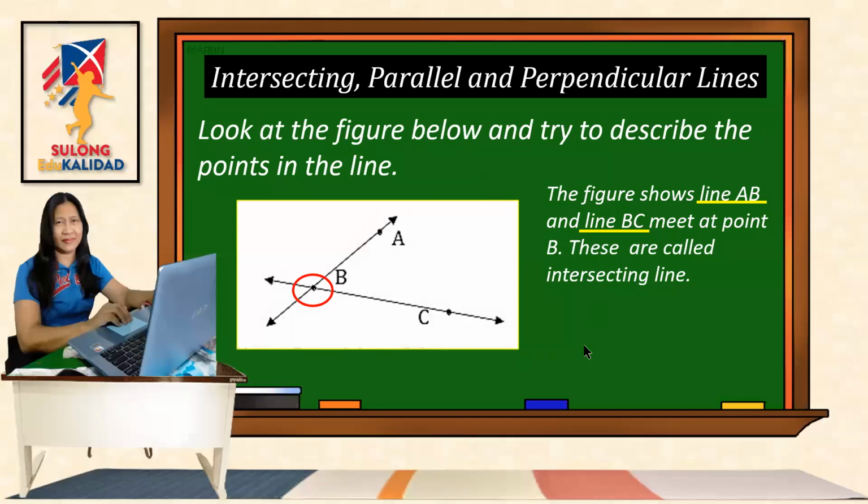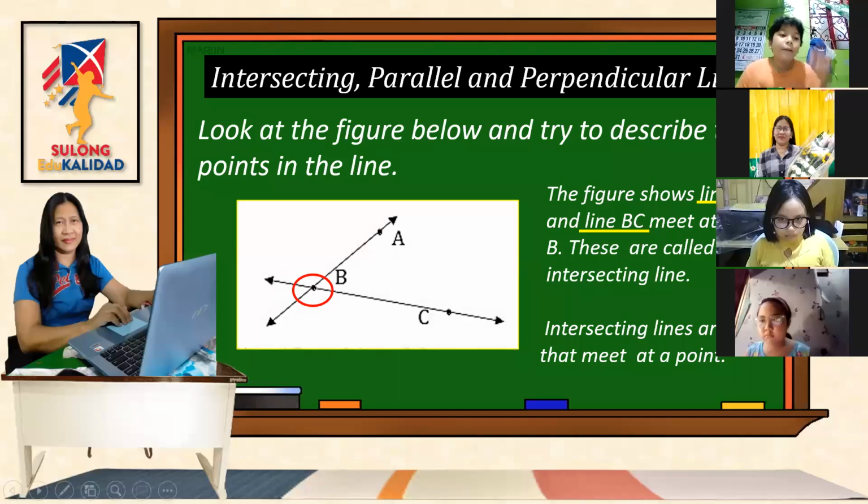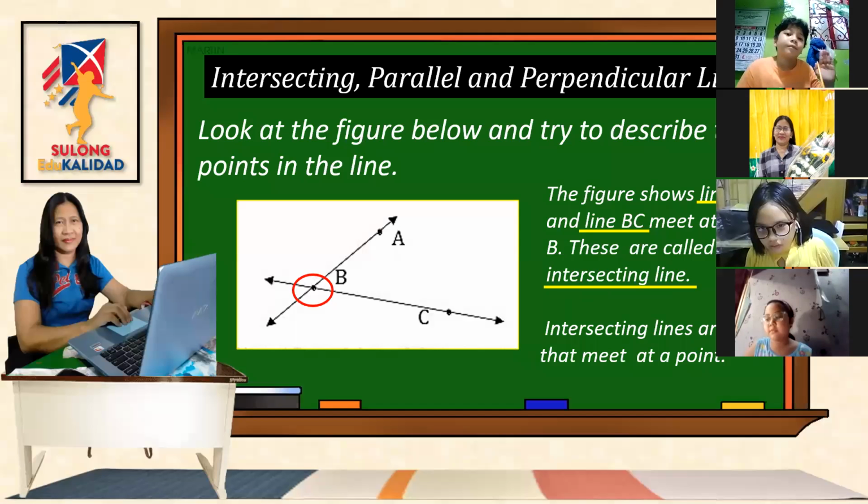What do you call these lines that meet at a point? Intersecting line po, ma'am. Okay, what is an intersecting line? Please read.